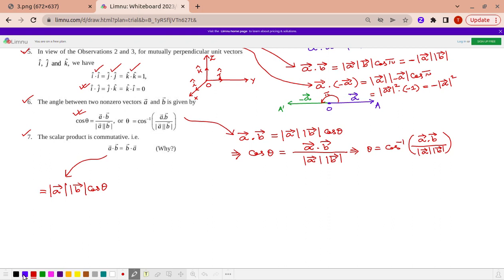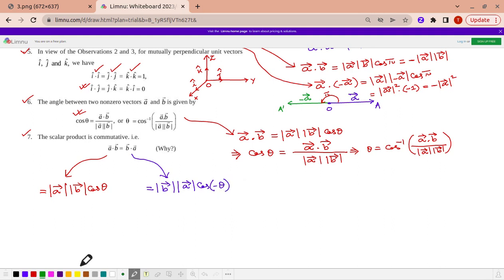Now what is B dot A? B dot A will be equal to mod B into mod A into cos of the angle between the vectors B and A. If the angle between the vectors A and B is theta, the angle between the vectors B and A will be minus theta. So that will be cos of minus theta.